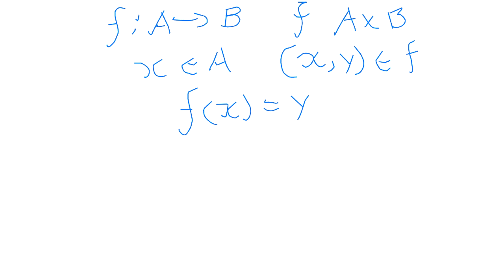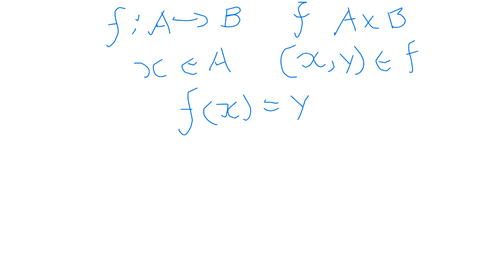Does anyone know what the set B is called? You're going to give me the wrong answer first, but try still. What do you think the set B is called? Range. I told you, give me the wrong answer first. All right, but the range is in B, but B is not the range. So write this down.